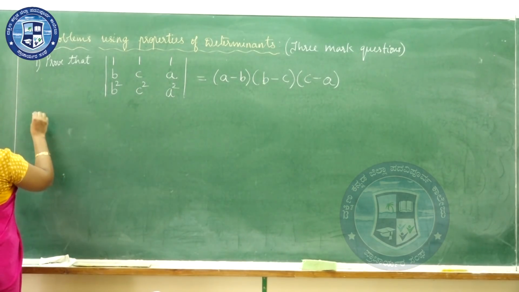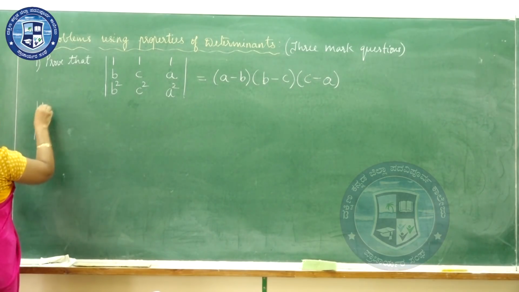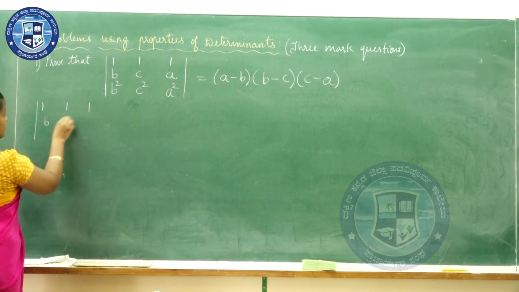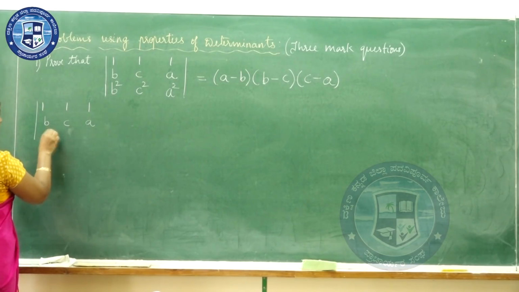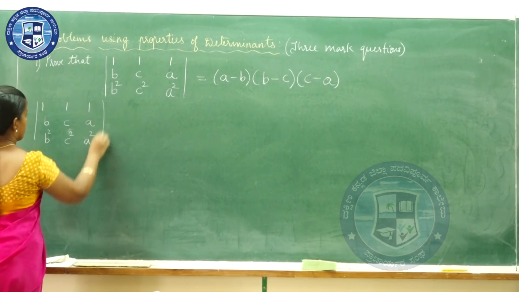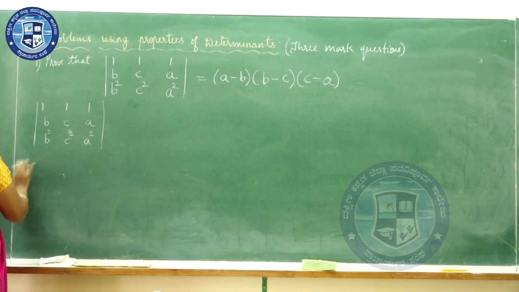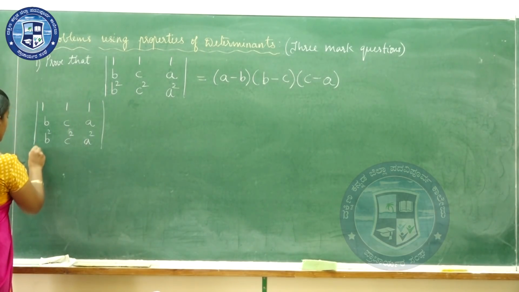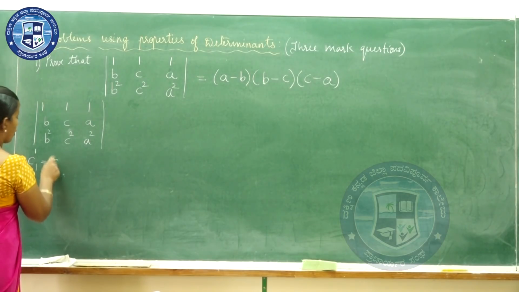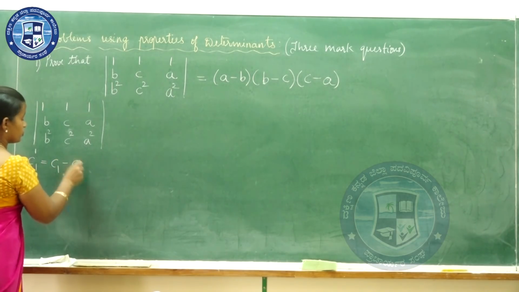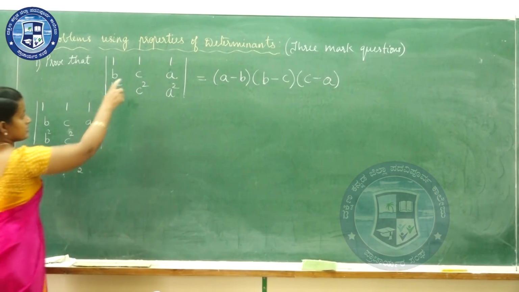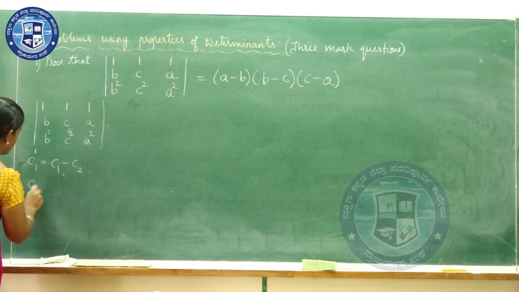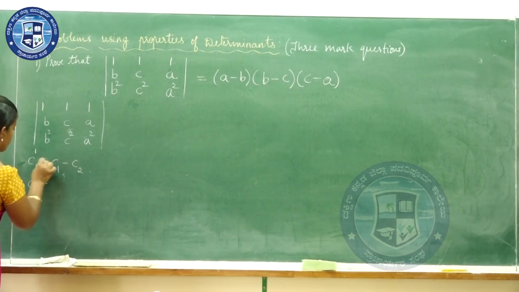So we have 1, 1, 1, B, C, A, B square, C square, A square. We are now using the operation: column 1 we are replacing with column 1 minus column 2, and C minus A we need, so column 2 we are replacing with column 2 minus column 3.